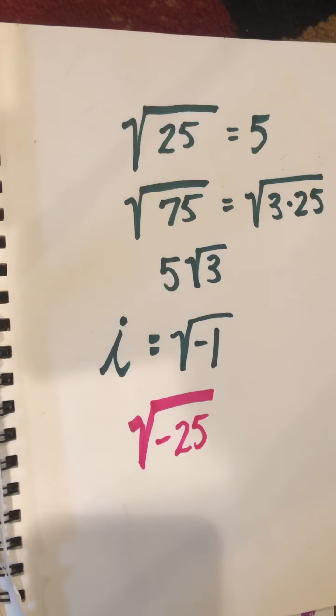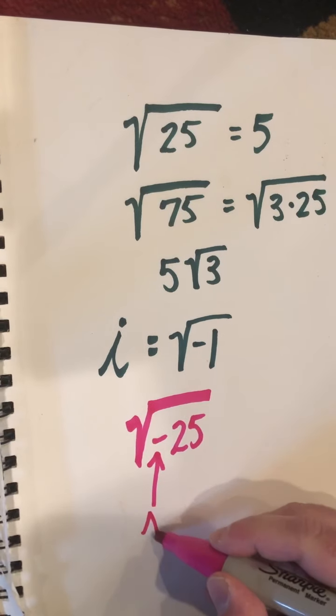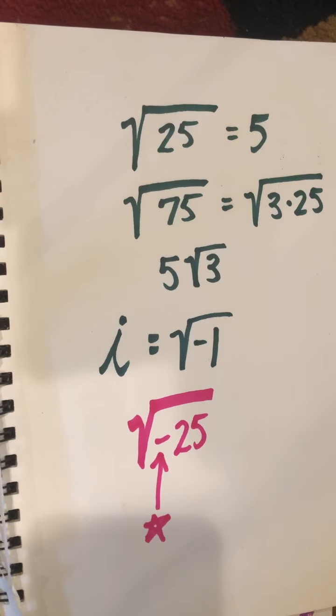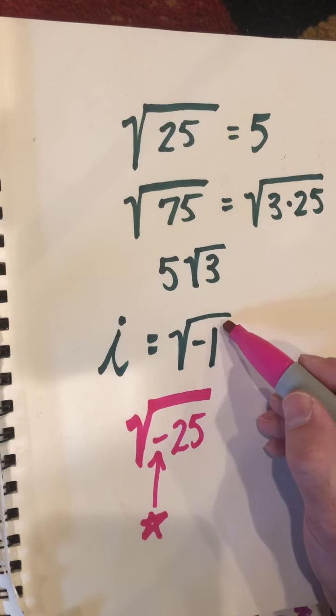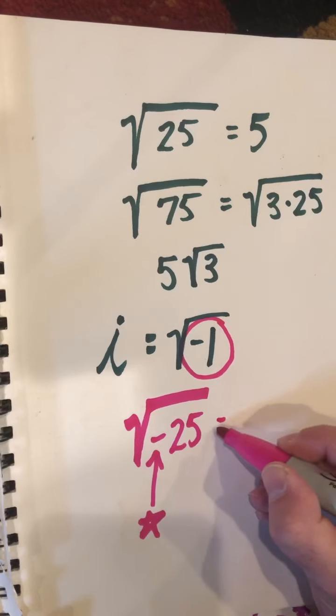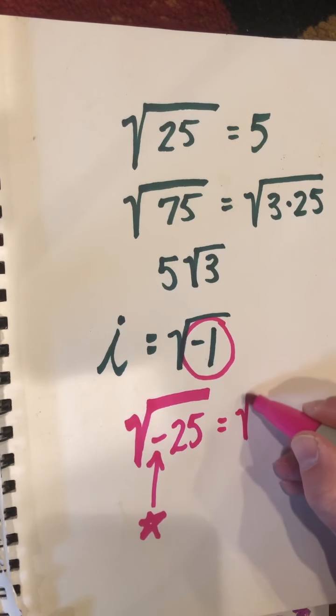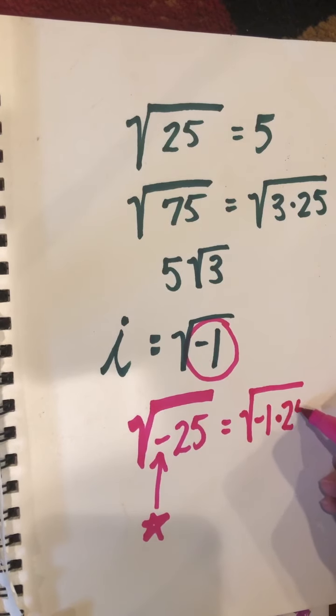Now, before we even mess with the numbers, I want to look at this negative because this thing is really important. Before, we would look at that and we'd say, oh, we can't do it. But now, we can do it. In fact, the square root of -1, we know what it is. It's i. So this actually equals the square root of -1 times 25.